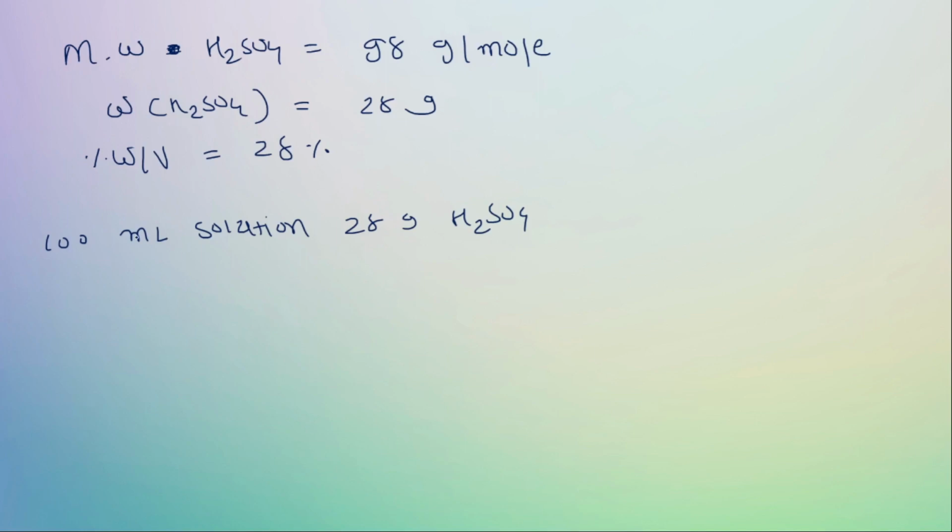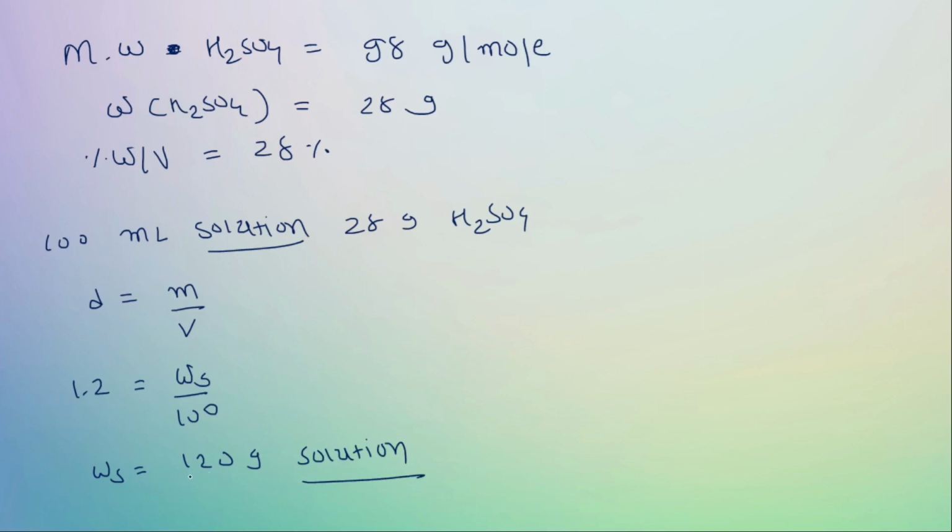We have also given the density. Density is for the solution. So density is equal to M upon V. Density is 1.2. To find the M, means W solution upon V. V is equal to 100 ml. So we will get W solution is equal to 120 gram solution.